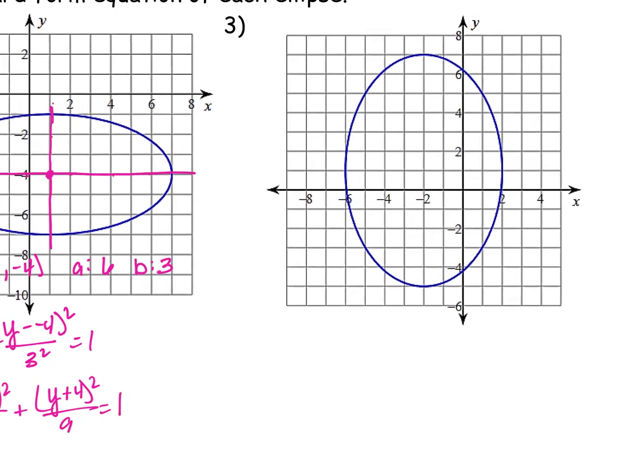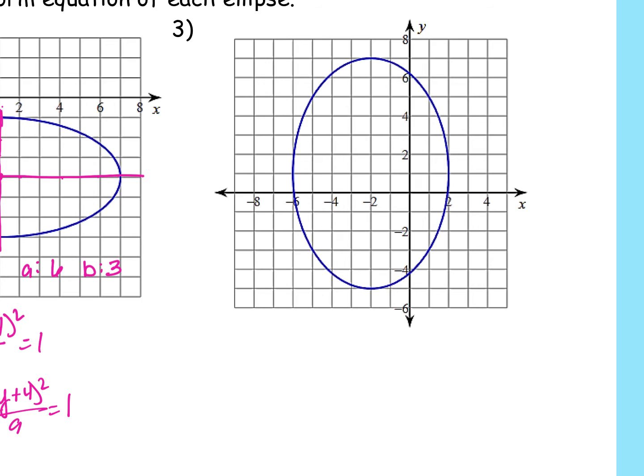Number 3. Again, I'm going to go to the widest part and draw some lines. So this is my tallest part on my ellipse. And it looks like right here is my furthest, and here's my center. So my center is at negative 2, 1. Yeah. So A is going to be horizontally how far? 1, 2, 3, 4.